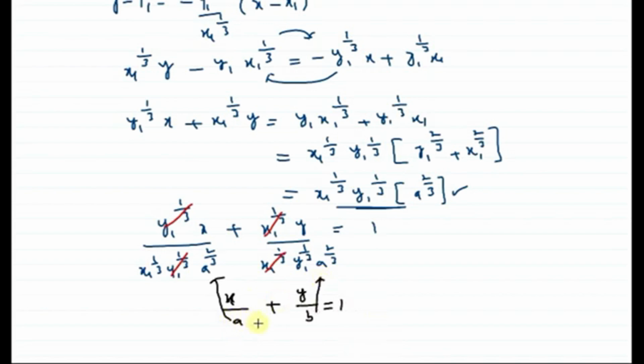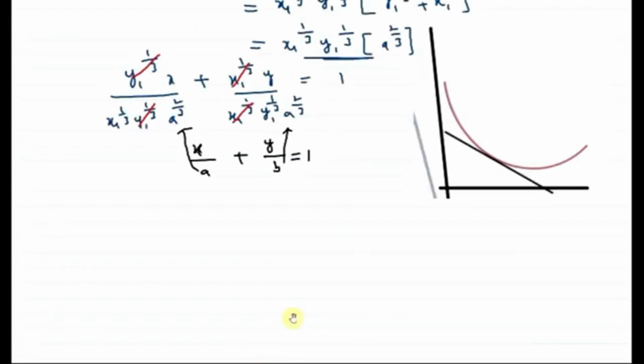If I know these two, this particular point becomes (a, 0) and this particular point becomes (0, b). Since we have to find the length AB, AB is equal to the root of a square plus b square.